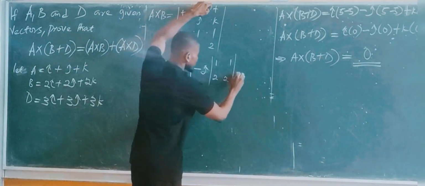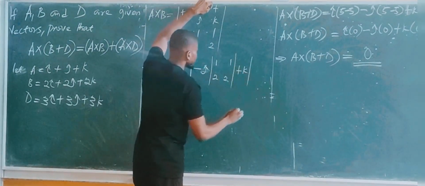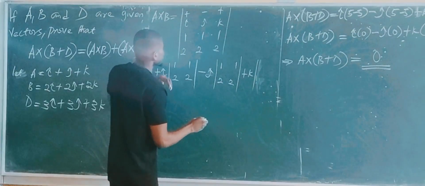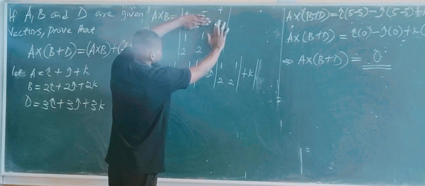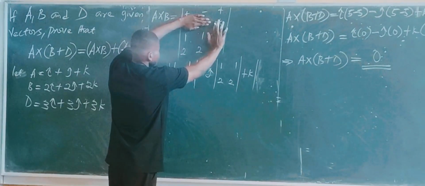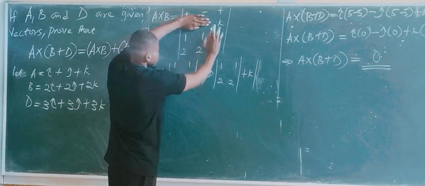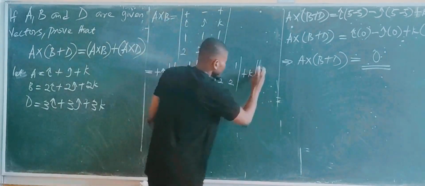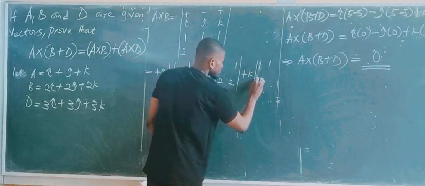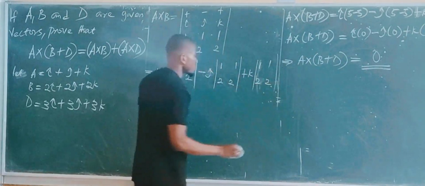Finally, it's plus k. So we have plus k, your matrix bar. Block the column of k and the row of k completely. We're left with 1, 1, 2, 2. So we have this.